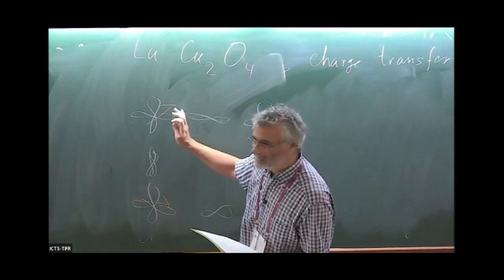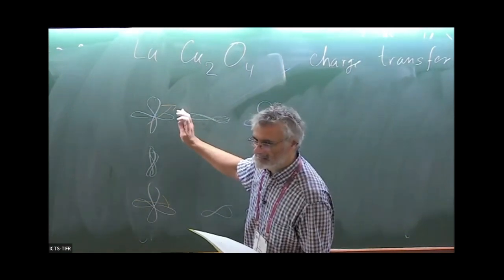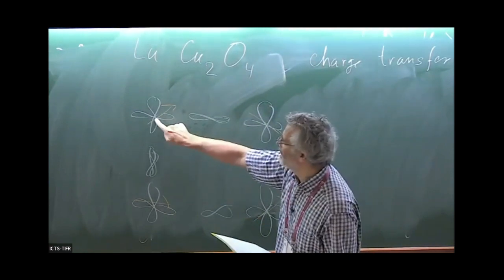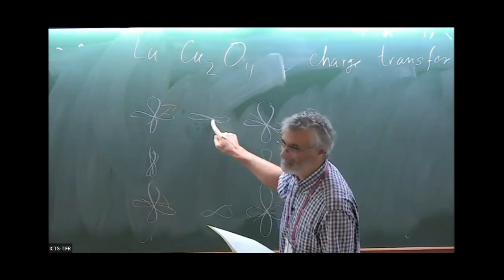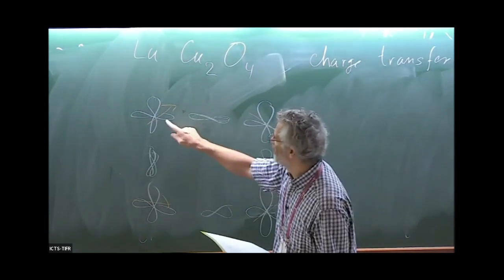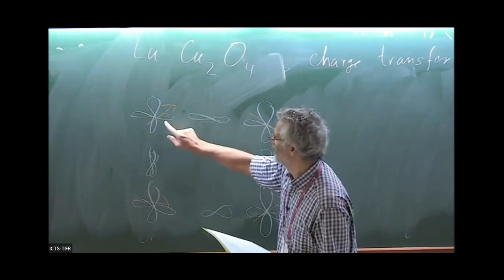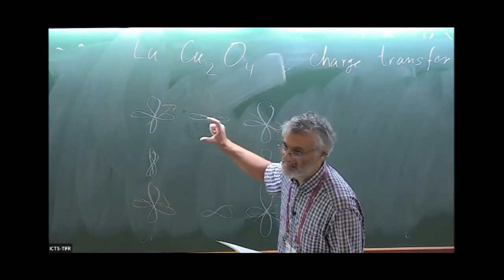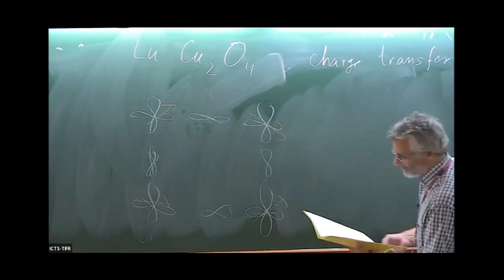Certainly, there is a U for two electrons on a single copper site, but there is a smaller gap when the electron hops from the copper to the oxygen level. Then the energy will be the difference between the chemical potential of the copper d and the oxygen p orbital, and that is the so-called charge transfer gap. Let's see what happens in this case.